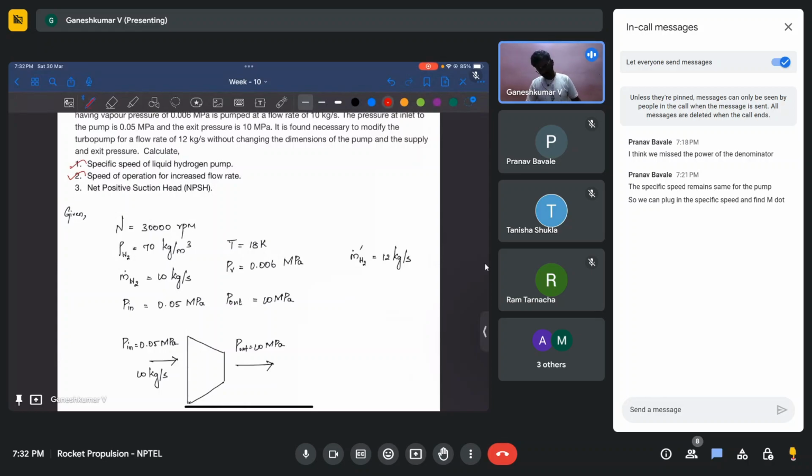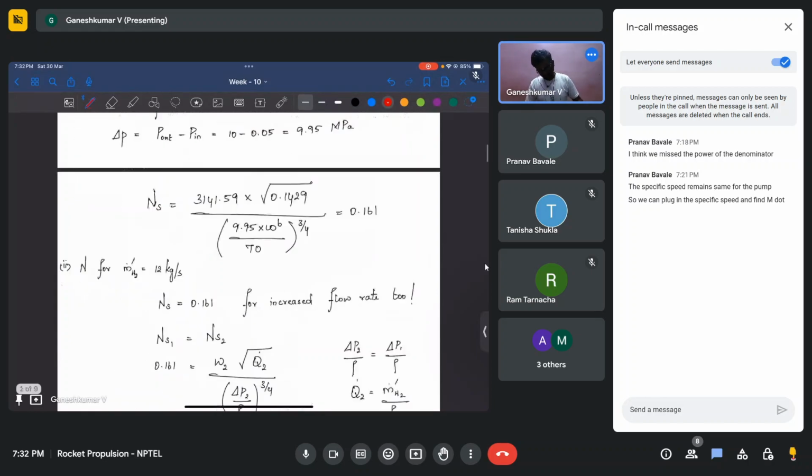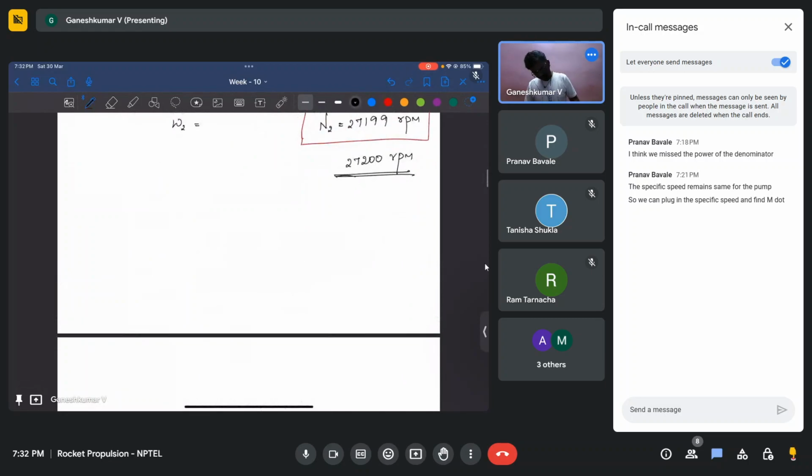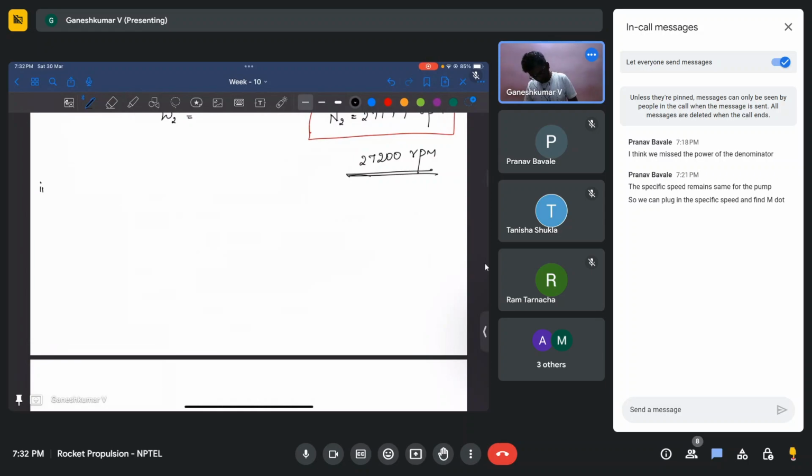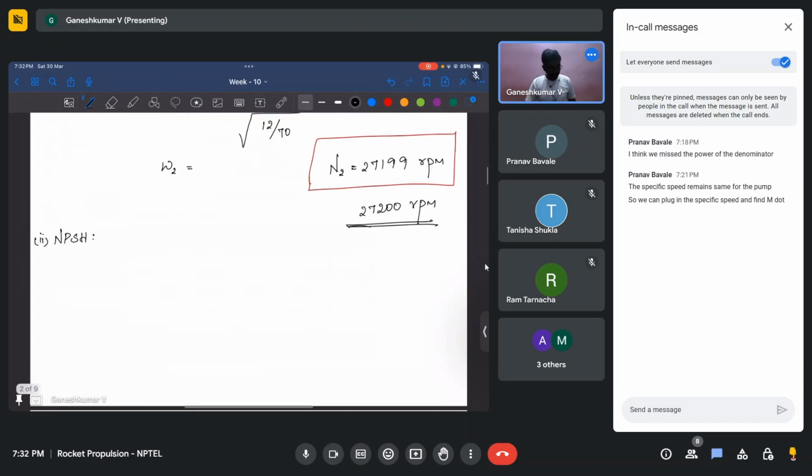Now we need to find net positive suction head. All right. What is this net positive suction head? You guys know the formulas, so I'm not going to ask for the formula.